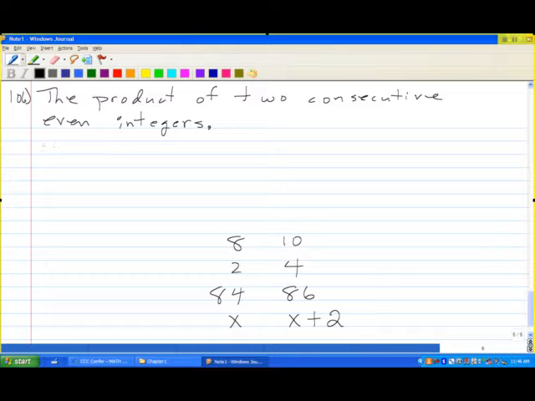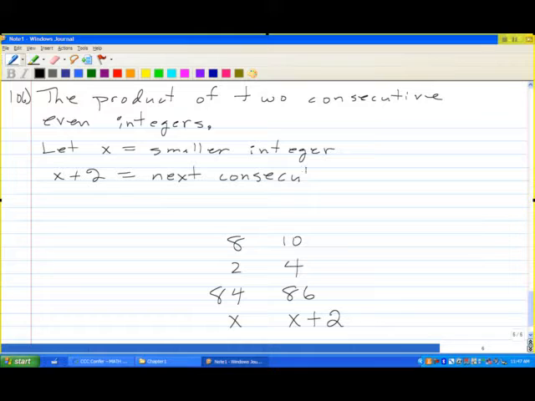And so let x be the smaller integer. Then x plus 2 is the next consecutive even integer.